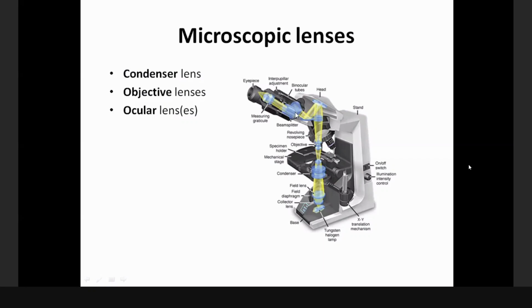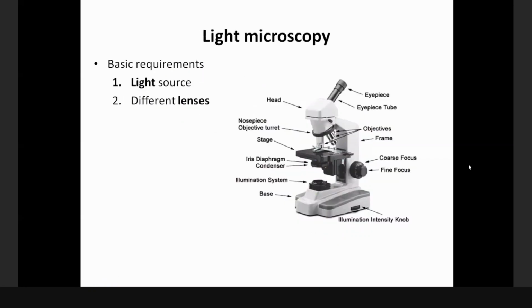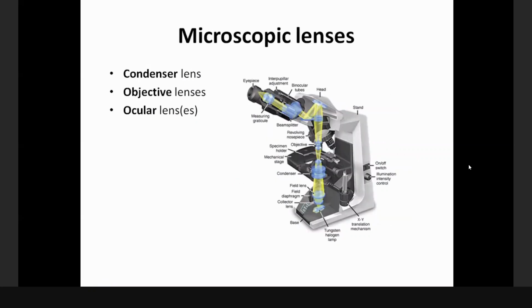This type of microscope, I don't have it here. We also have others which are named binocular. The lenses we have are different. There are different types, and we at least need the following three types of lenses.